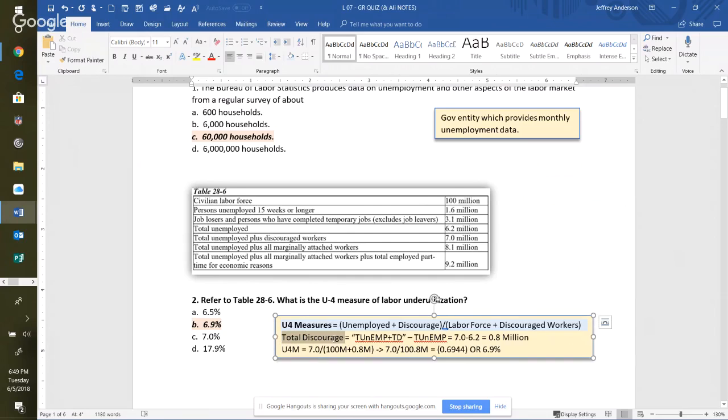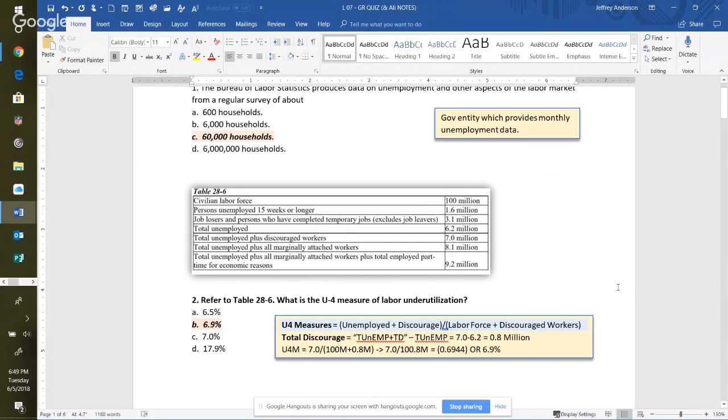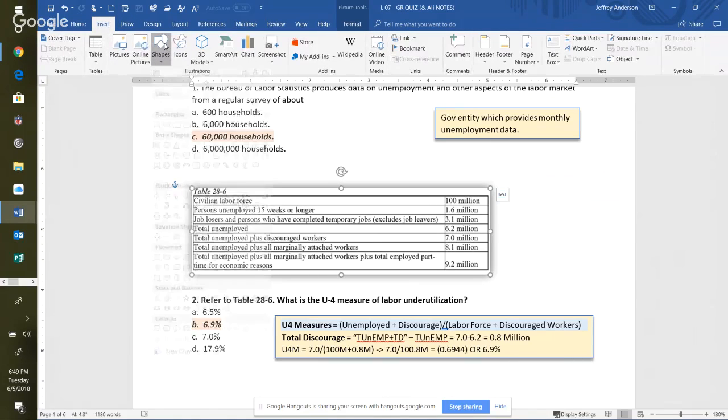That is to identify the total discouraged. And then, so that's total unemployed plus total discouraged minus total unemployed? Yes. Now, the reason why is because they only give us, I wonder if I can do this. Maybe, hold on.